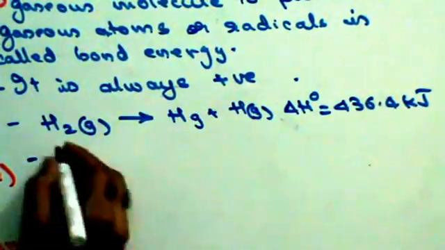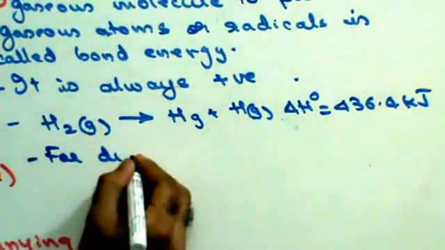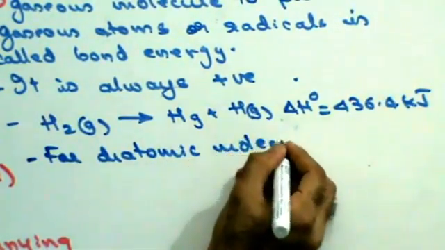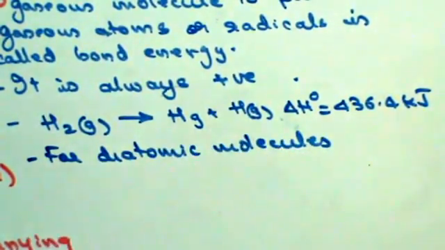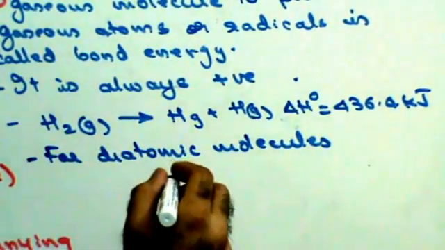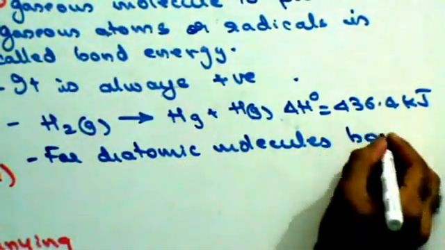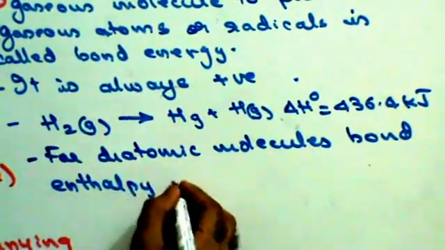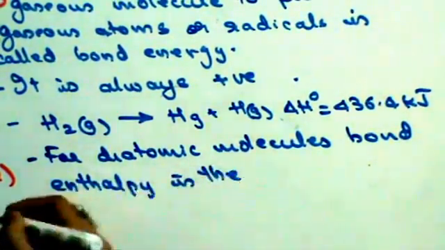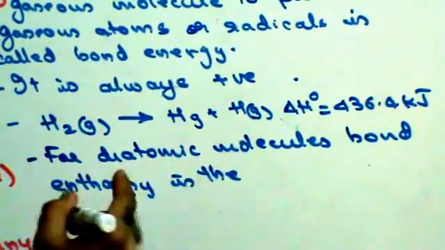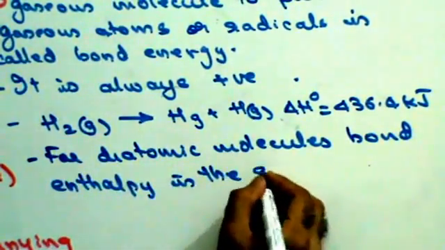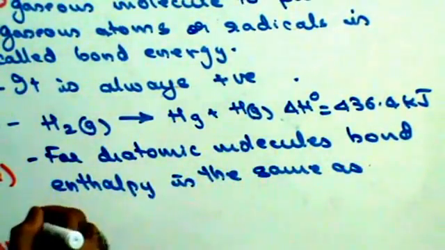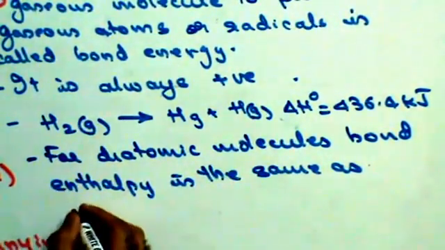So, for diatomic molecules, bond enthalpy is the same as enthalpy of atomization.